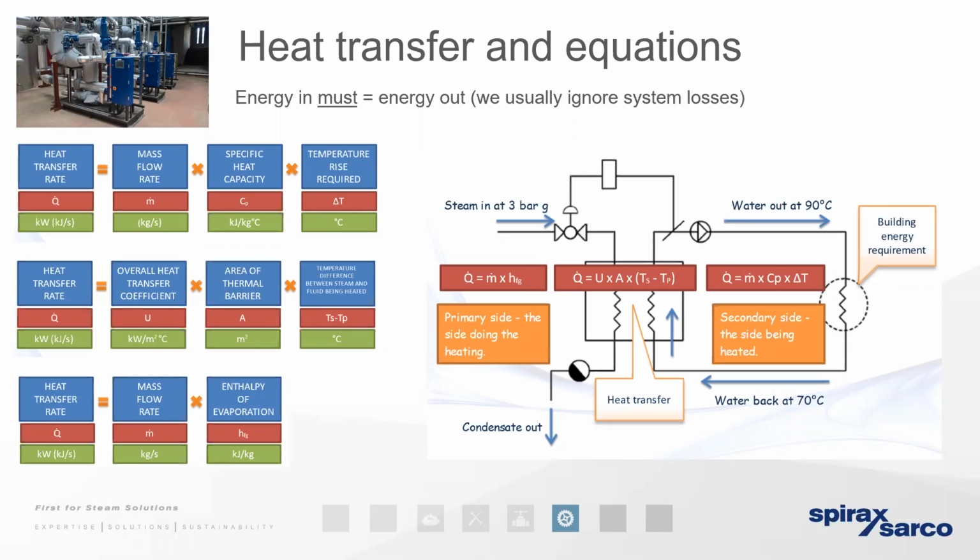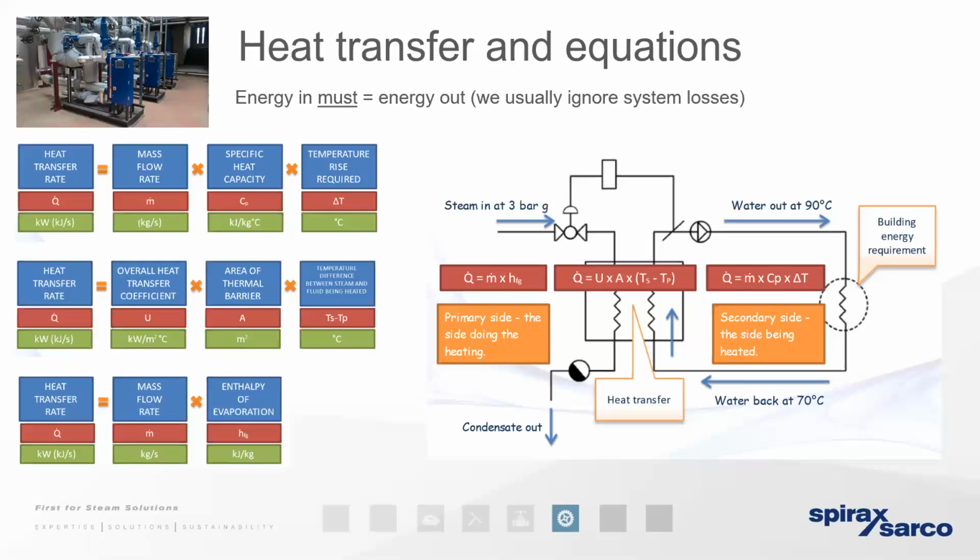We then need to multiply that by the specific heat capacity of the media that we're adding that energy to. In the case of water, that specific heat capacity, you may remember, is going to be 4.19. And we then multiply that by the temperature rise required. The example you can see on the screen, we need to add 20 degrees to that water.